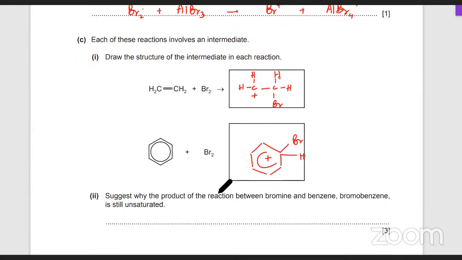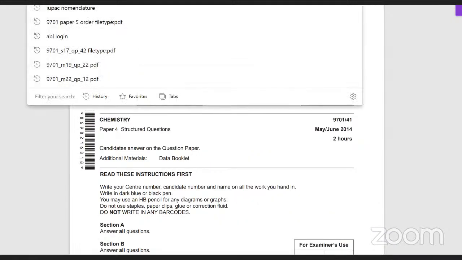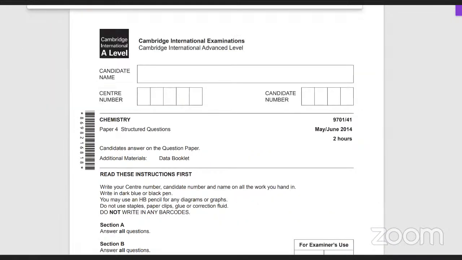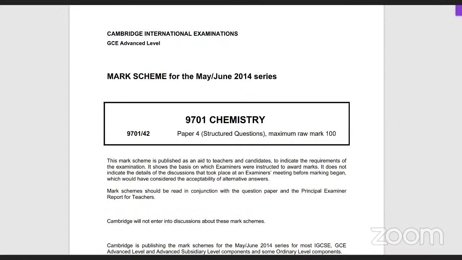Next, suggest why the product of the reaction between bromine and benzene is still unsaturated. But why is it still unsaturated? Well, what will you write? The pi bond gets reformed. Let me check the exact answer for a second. The H leaves with its electrons and the pi bond in the benzene gets reformed.